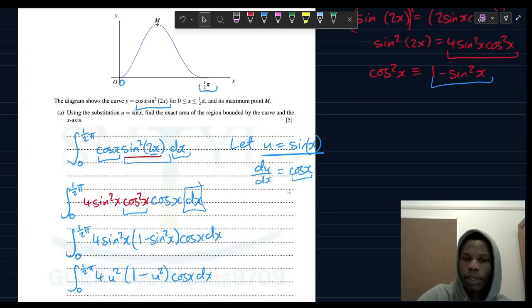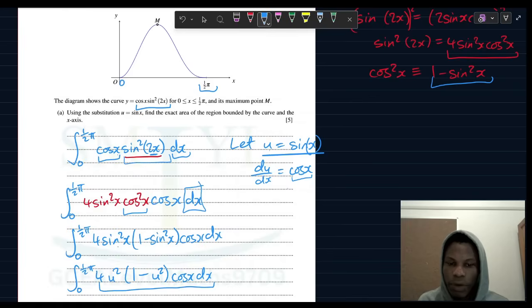Because we are using the substitution u is equal to sine x, we want our whole integrand to be in terms of u. So that means we want to end up integrating with respect to u. So we need to find a way to change this dx to du. When we differentiated our substitution, we got du/dx is cos x. So that means dx has to be du over cos x, if you swap those two.